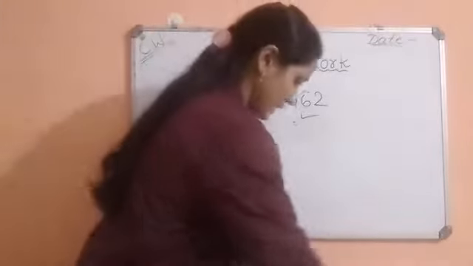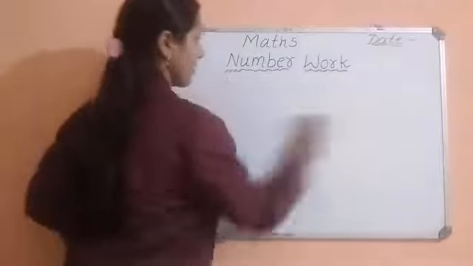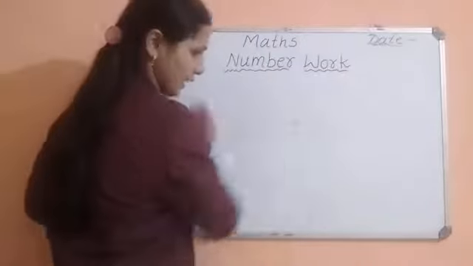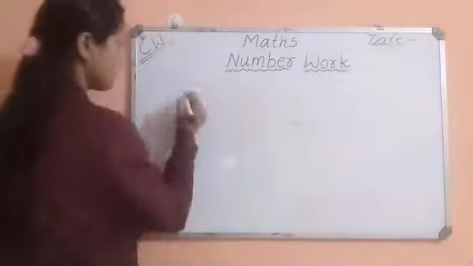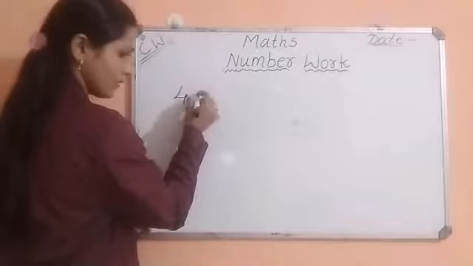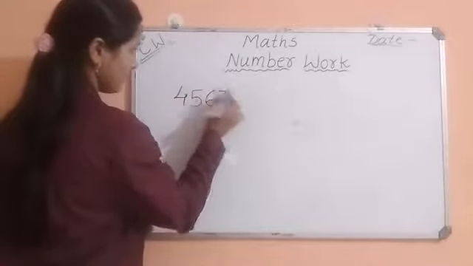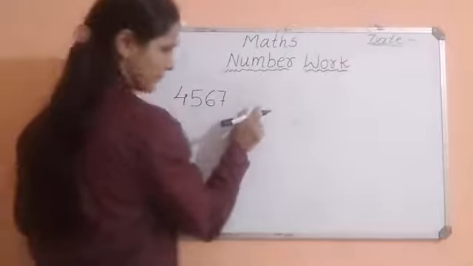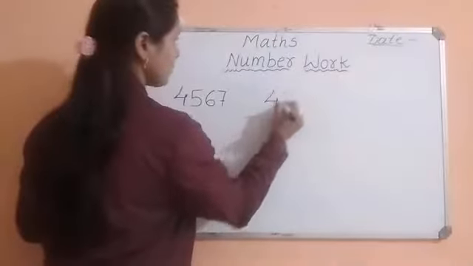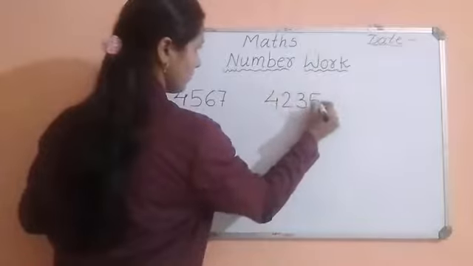So, we will see comparing the numbers. See, suppose 4567 and here 4235.